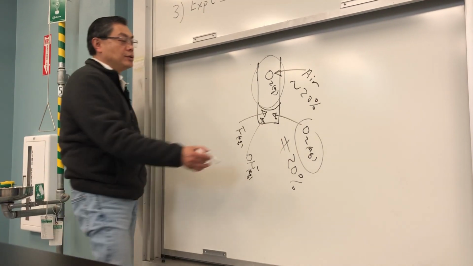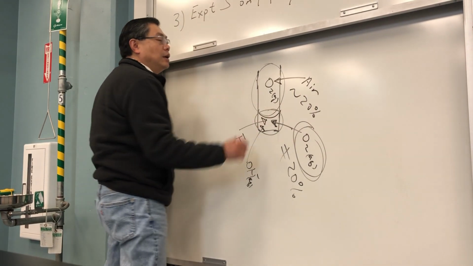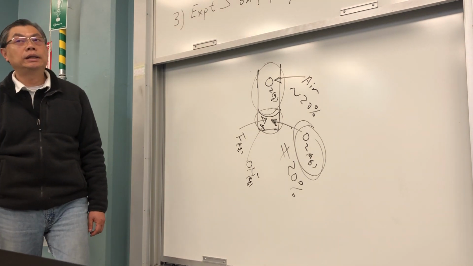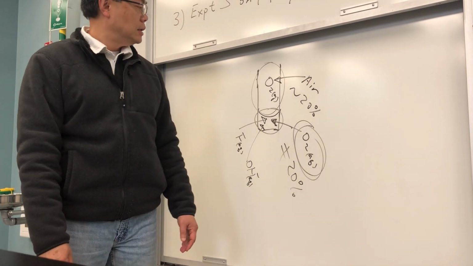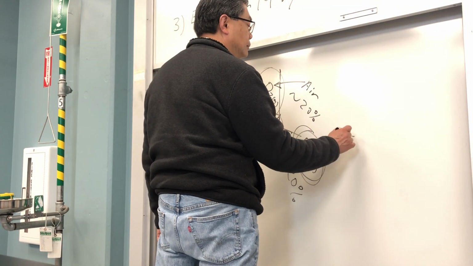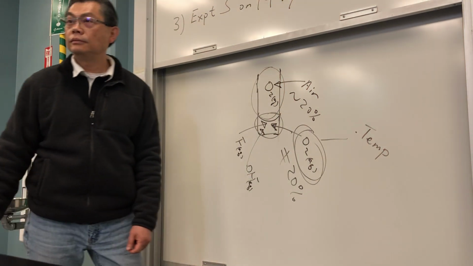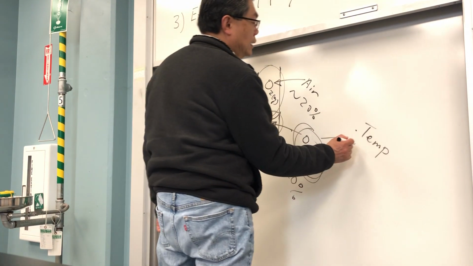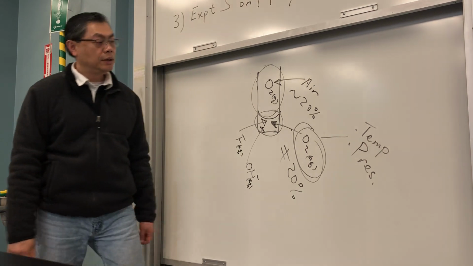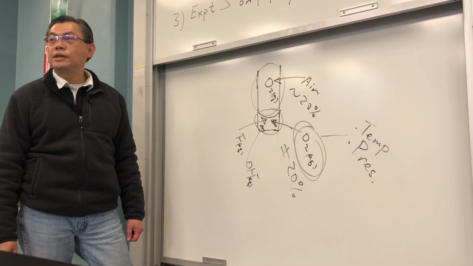So how much oxygen aqueous you can have in this aqueous concentration depends on many things. Of course, it depends on what? Temperature? Yes. And then the pressure, of course. Temperature and pressure would be equal. And then what else? The physical.